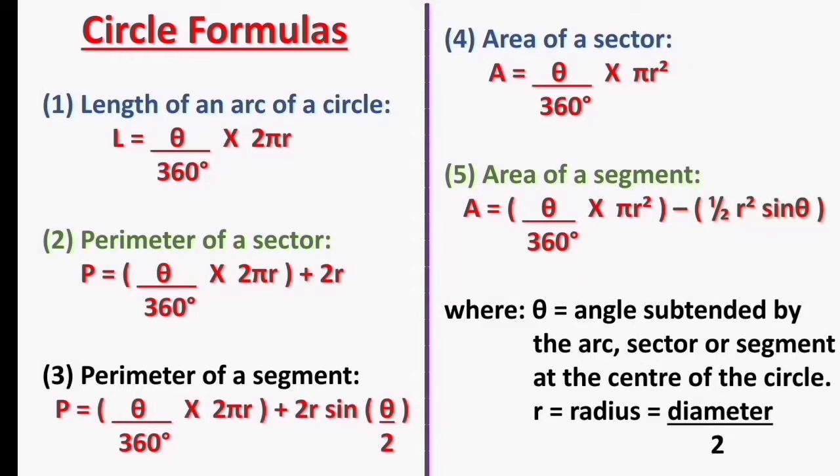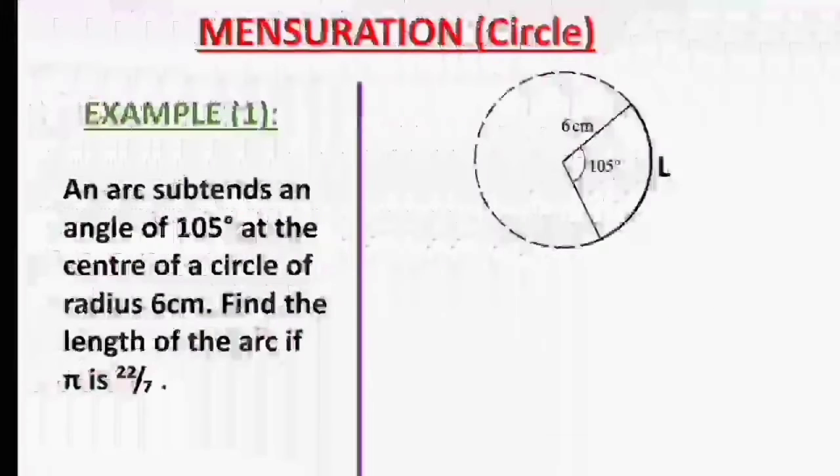Please take note of these circle formulas because we are going to need them shortly for our solved examples. I hope these formulas are clear to you. Moving on, let's take some solved examples.